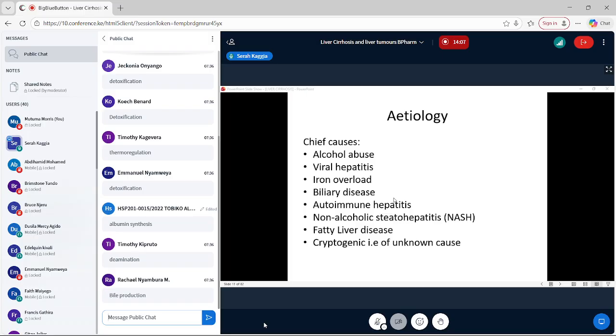Okay, there are different names of calling it, just saying non-alcoholic, when you have steatosis. And then you have a fatty liver disease, or there's a 10% where we really don't know the cause. We call it cryptogenic. And the list can be longer than this. You'll check in your Robbins and add more, okay, for the cause, for the etiology.